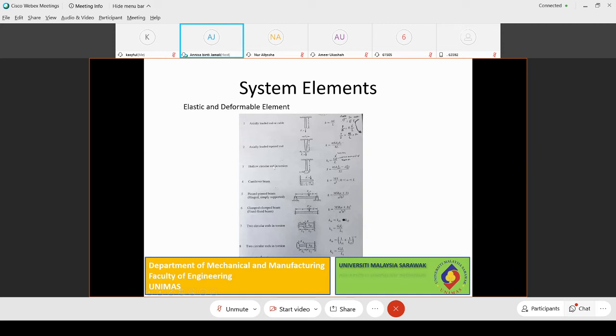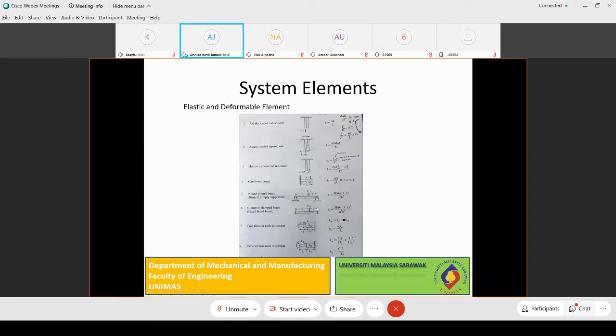Torsion, this is rod, axially exerted. Okay, linearly exerted. So the value here is K equal to GI over L. So G here is the shear modulus, I is the moment of inertia. Different from here, A is the area, E is the Young modulus, and over L. Right? Different. Cantilever beam, this one is the same as the example just now, 3EI over L cube.